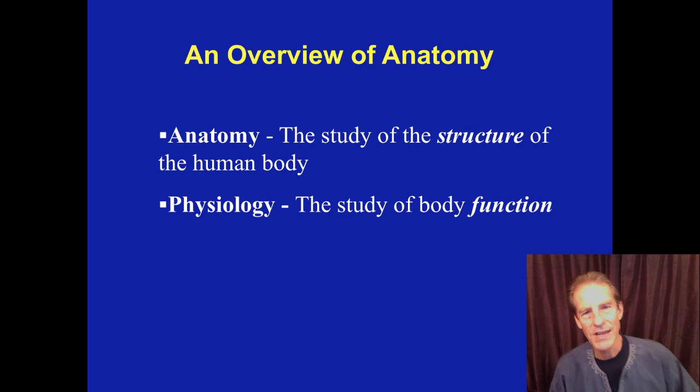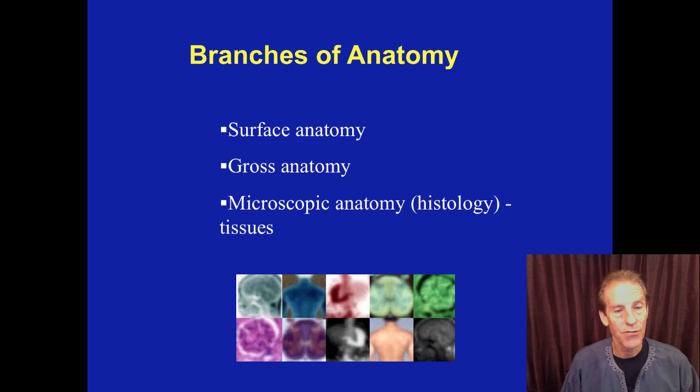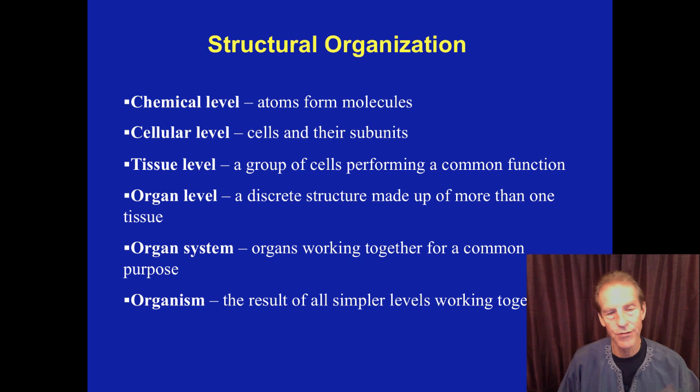And then there are branches of anatomy. We have the surface anatomy, and we have the gross anatomy, and we have the microscopic anatomy. So the structural organization, at the chemical level, we have atoms forming molecules, and molecules forming compounds.